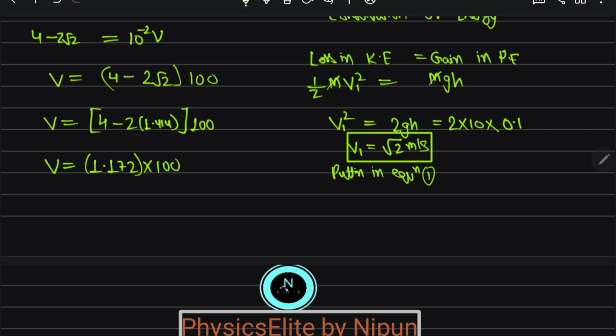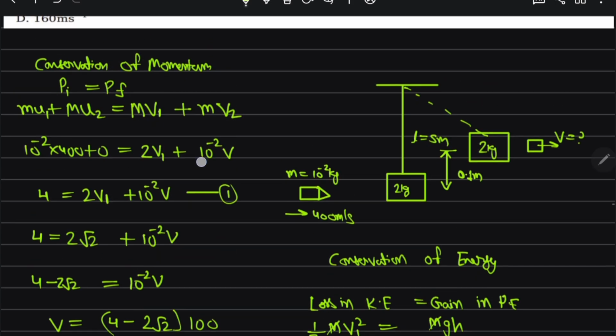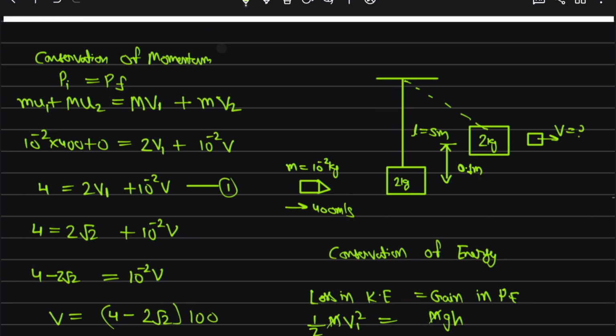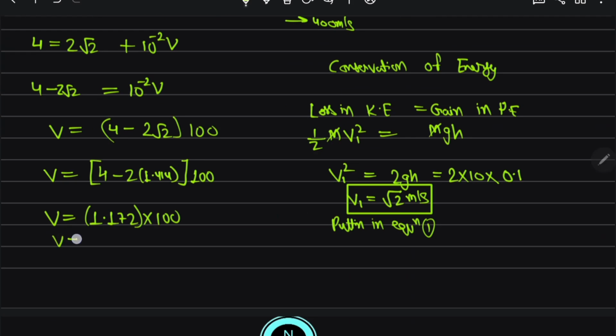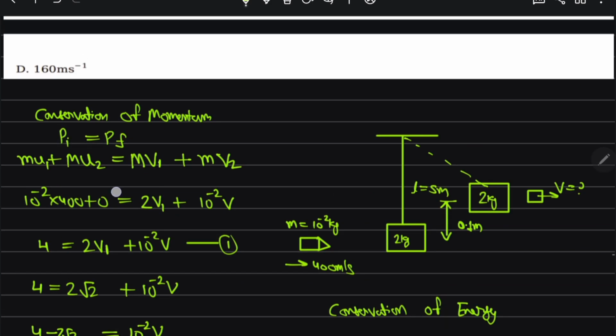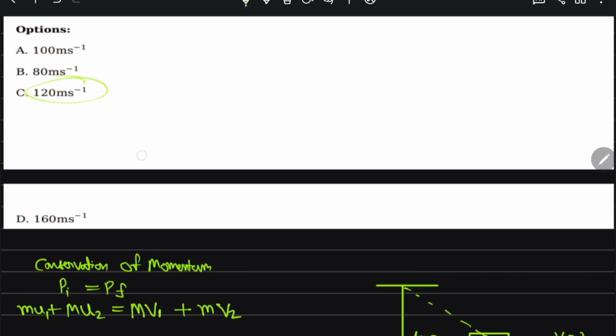So velocity comes out to be 117.2 meter per second, that is roughly approximately equal to 120 meter per second. So option C is correct.